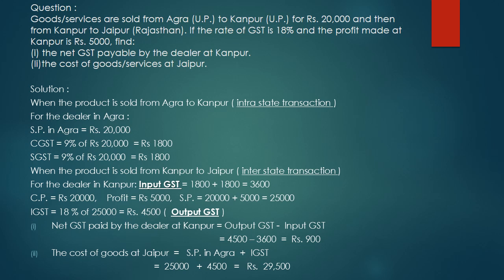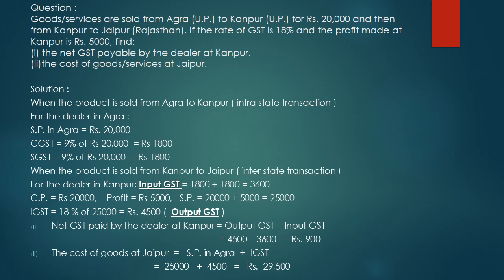The dealer at Kanpur has purchased the article from Agra. Then he has sold to Jaipur. So some amount of tax he has paid and some amount of tax he has collected.